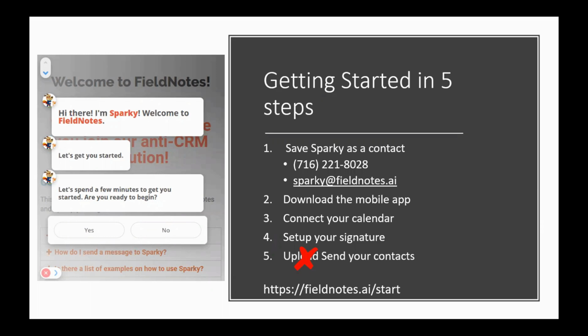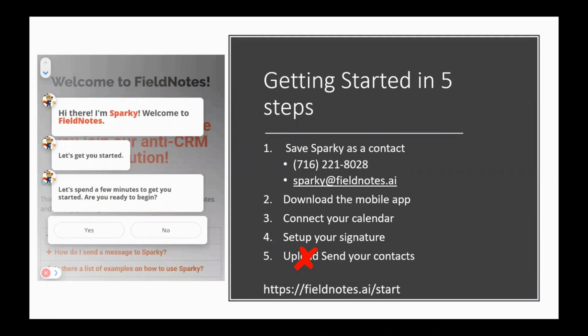Okay, done. Okay, awesome. The last time we did the demo last week, we went over the web platform. Agents have the option of viewing everything online after you've saved Sparky as a contact and sent it some information. You can view that information on a desktop or a mobile application.